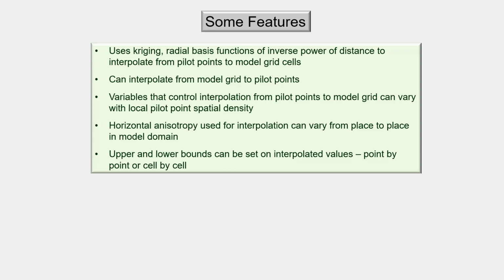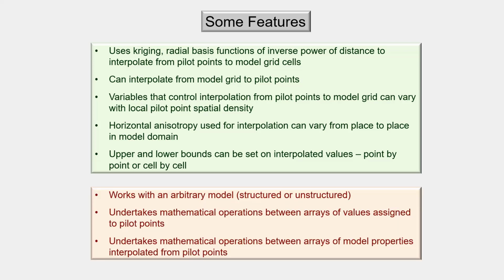Horizontal anisotropy used in the interpolation can vary from place to place, and in fact so can vertical anisotropy if we're using three-dimensional pilot points. Upper bounds can be set on a pilot point by pilot point basis, or they can be set on a cell by cell basis. It'll interpolate to a regular grid or an unstructured grid.